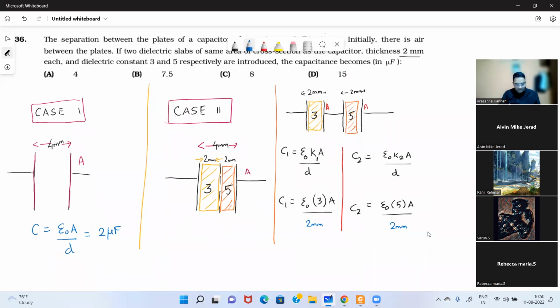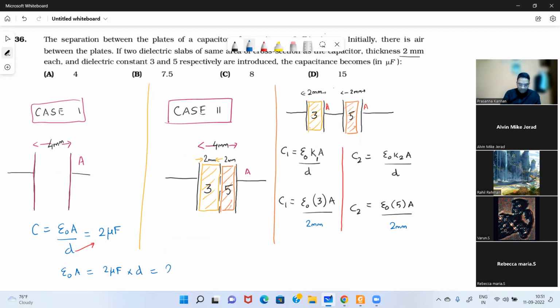Now tell me one thing. What is epsilon naught into A from the original formula? It is nothing but D into 2 microfarad.